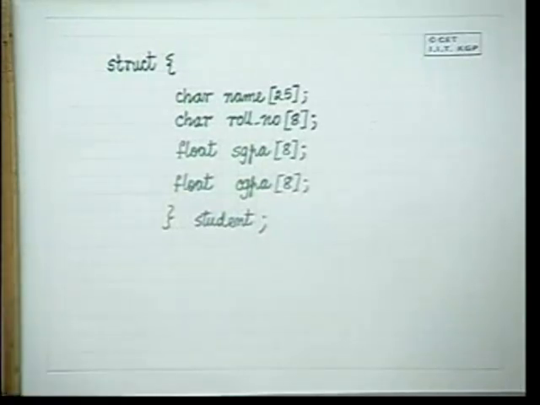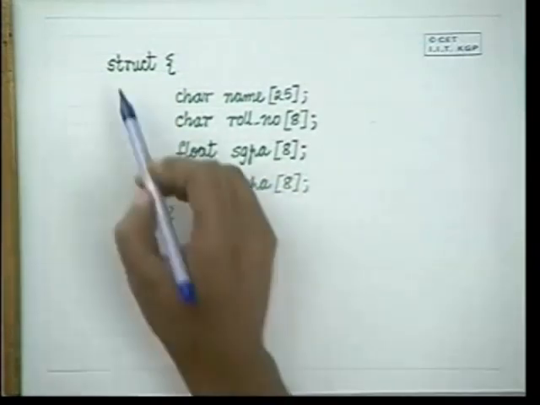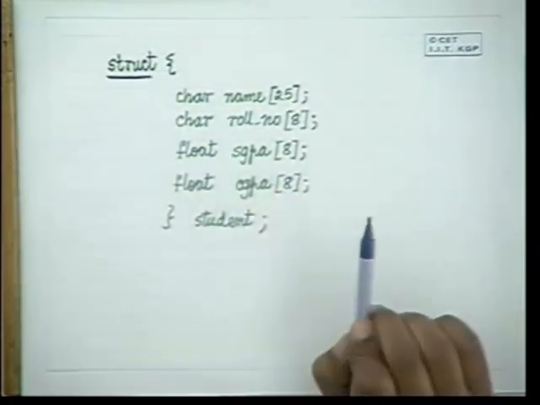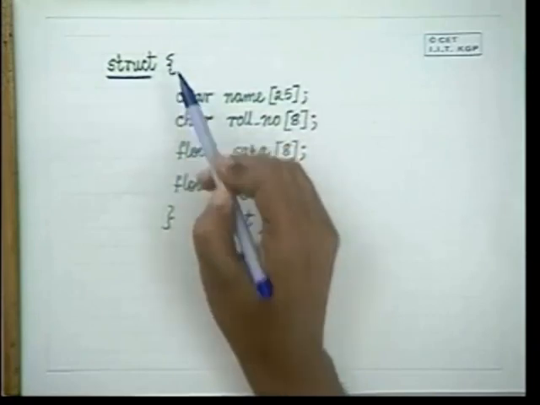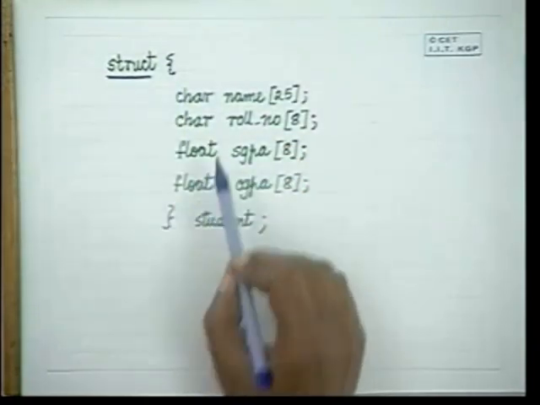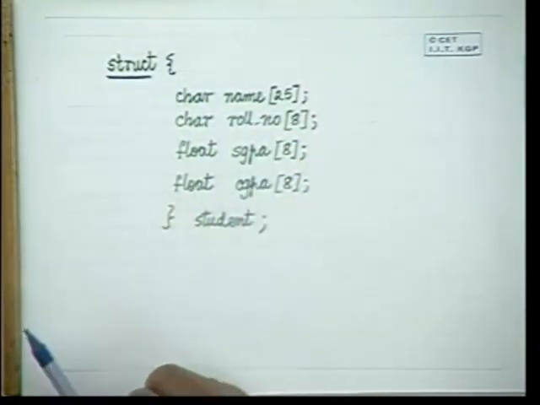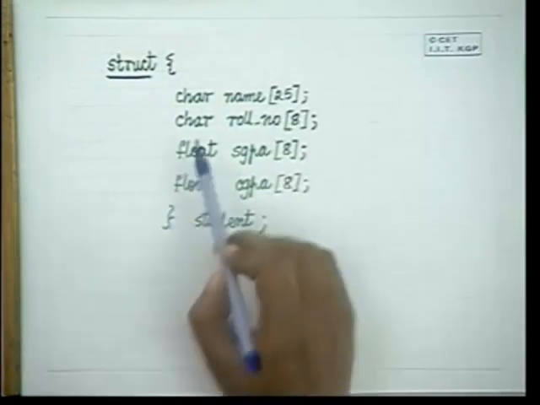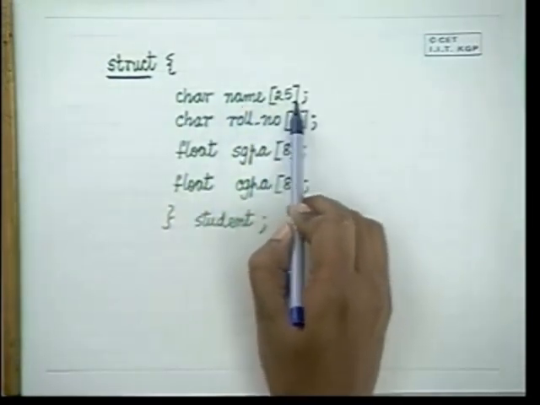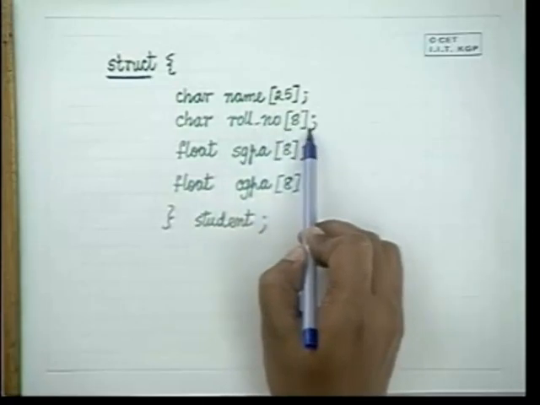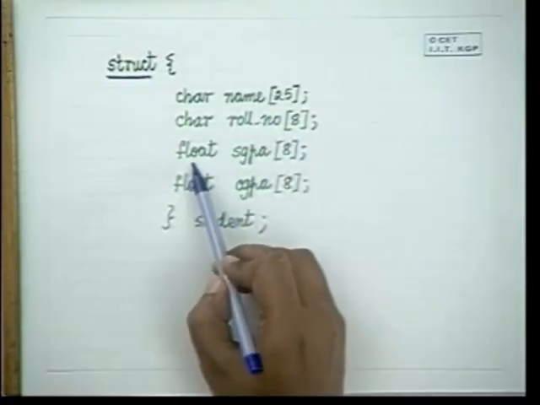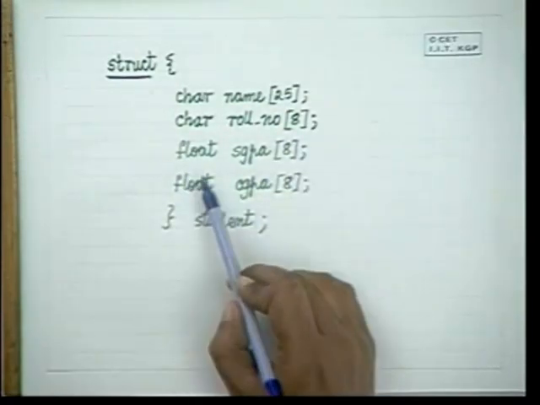This is one form of defining a C structure. You have a keyword struct, and within the brackets you will define the structure: char name 25, char roll number 8. You can even define a structure inside a structure, that is no problem.